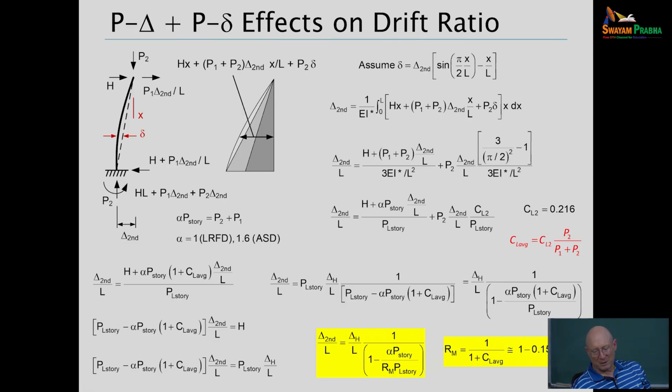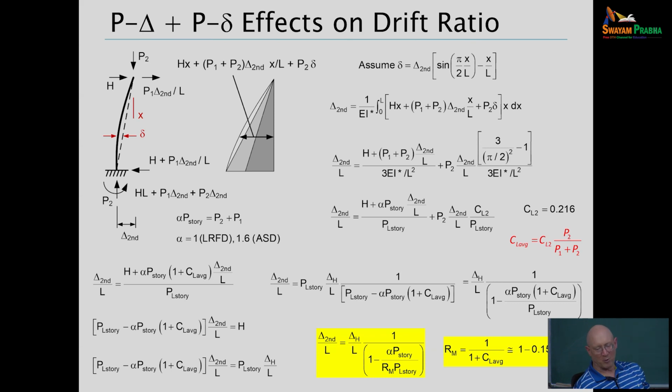And so in this case, my PMF would be P2, my P story would be P1 plus P2 in this simple example. But generally, we would basically get those two items. Total vertical load is P story, supported by the story.